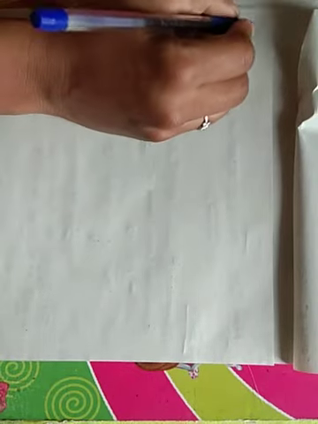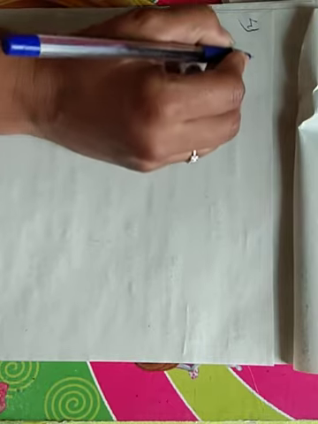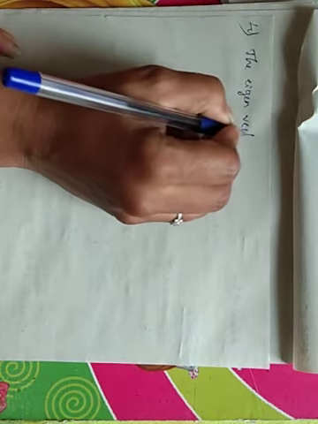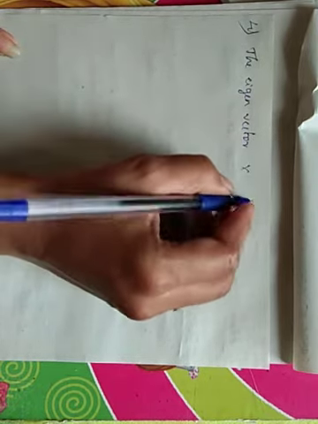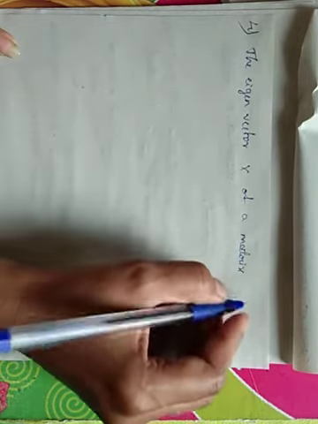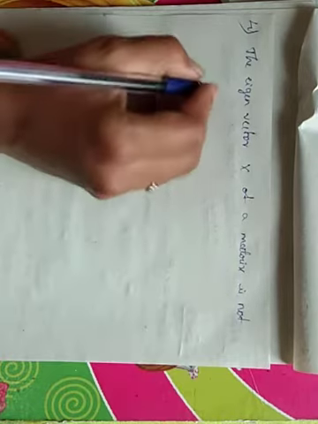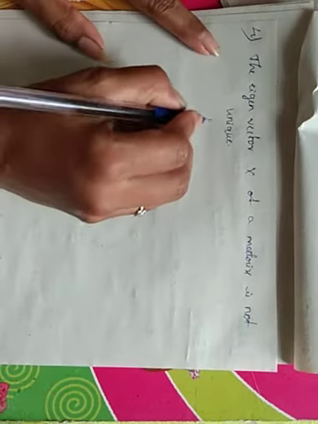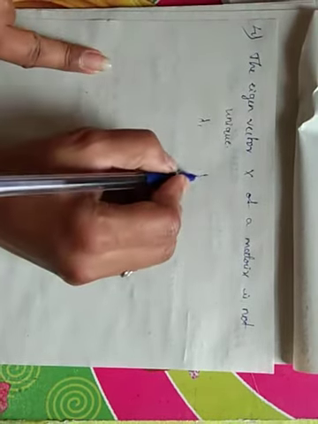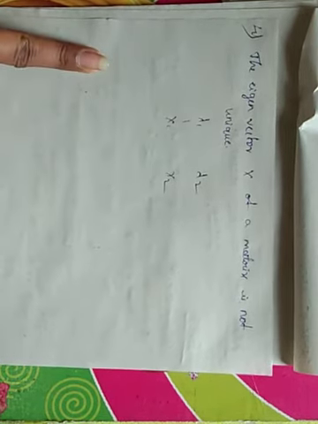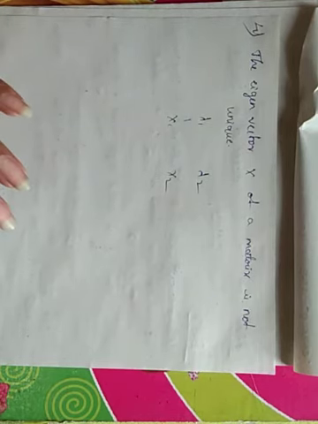So next property is the fourth one. The eigenvectors x of a matrix are not unique. Suppose if lambda 1 and lambda 2 are the two eigenvalues, the respective eigenvectors are not unique here.